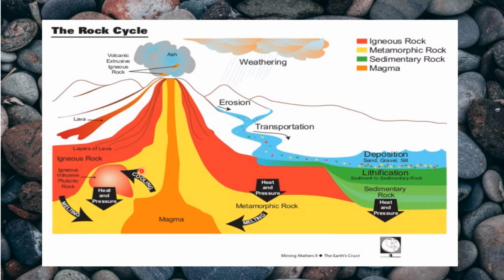This igneous intrusive rock may remain deeply buried inside the volcano instead of being exposed to weathering and erosion. But when this rock is exposed to too much pressure and heat, it can be transformed into metamorphic rocks. Okay?